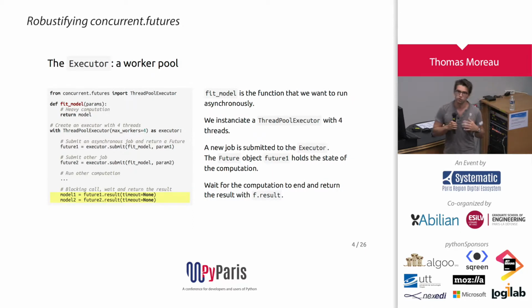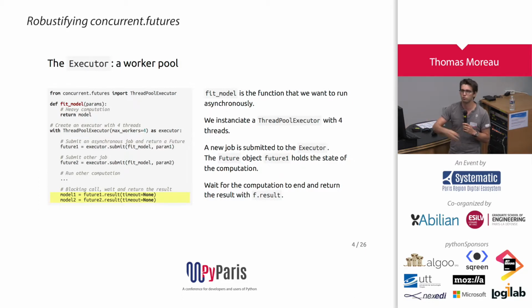And then when you actually want to get back the results, you can call result on the future 1 object or future 2 object, which will block your main program until the computation is done in this thread. If the computation was already done, it will return immediately. You also have timeout arguments, so if the computation takes too long, you can handle it more cleanly.